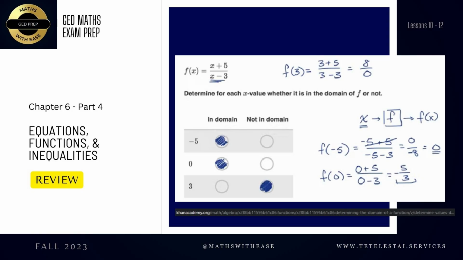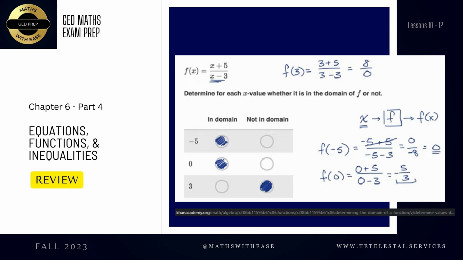Now, if we start to think about the functions that we were looking at, and again, know that a function can be represented graphically, right? So let's say we're given this function f of x equals x plus 5 divided by x minus 3, and we're asked to determine whether each value of x that we're given is in the domain of f or not.